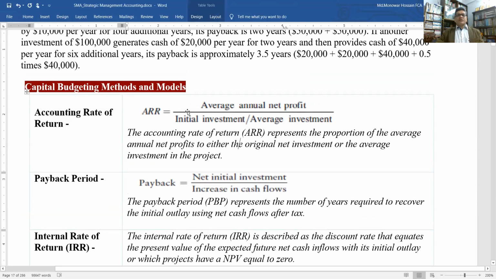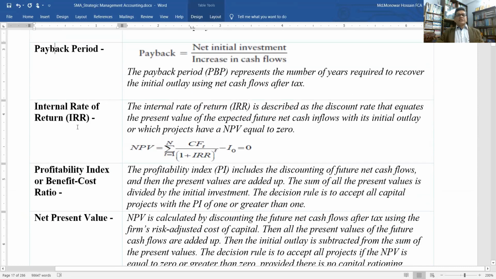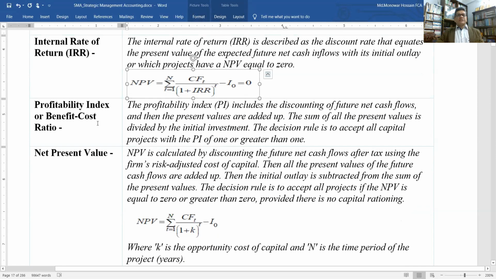Okay. And the capital budgeting methods: accounting rate of return. This is the formula: average annual net profit divided by initial investment or average investment. Payback period: net initial investment over increase in cash flow. Internal rate of return, this way NPV would be 0. Profitability index or benefit cost ratio.